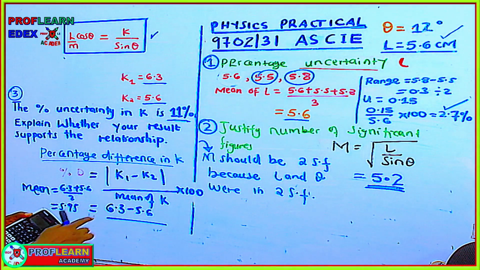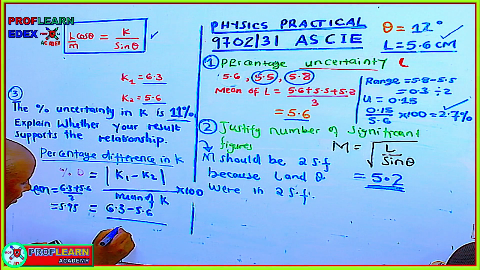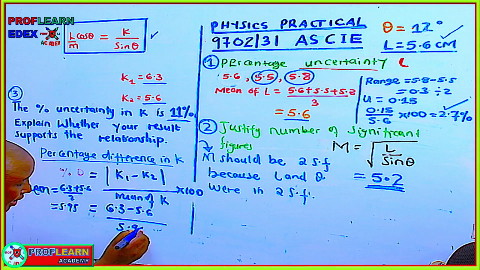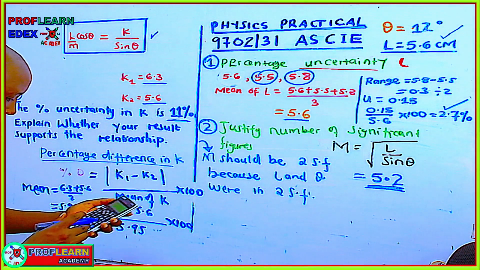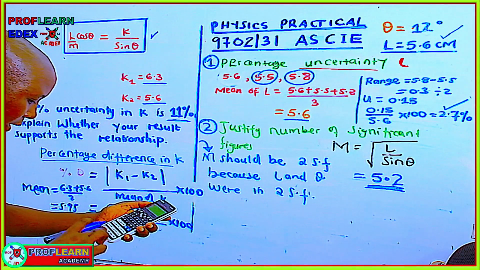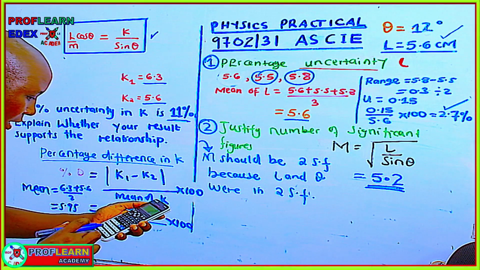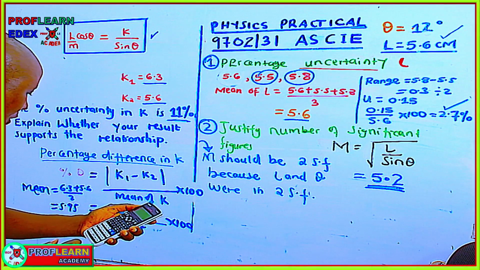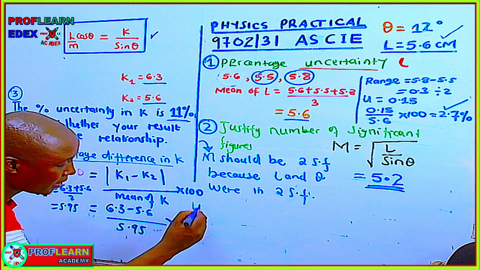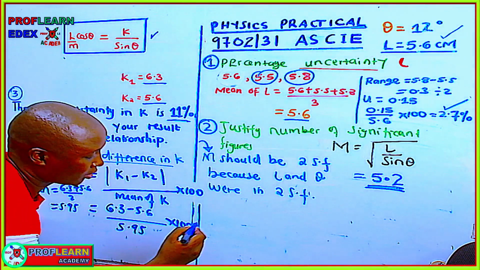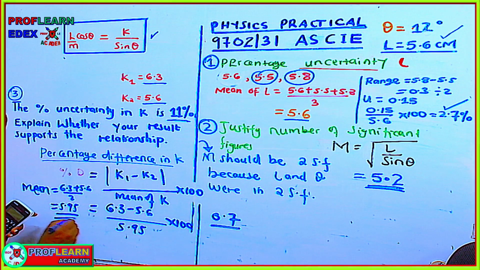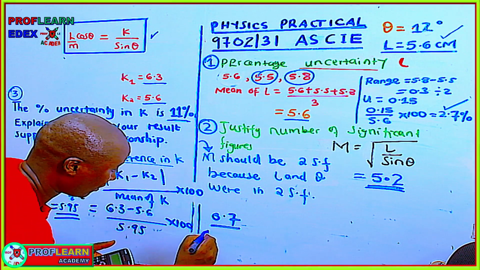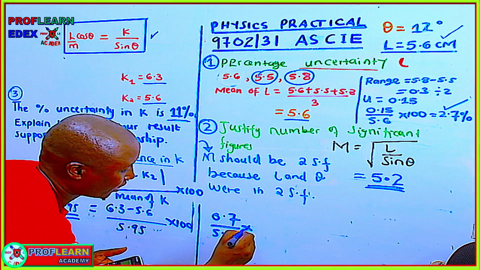So you are going to say 6.3 minus 5.6 over 5.95 times 100. If you subtract 6.3 minus 5.6, you are going to get 0.7. So when you are working out this, you are going to have 0.7 over the mean that we had gotten here, which is 5.95, times 100.